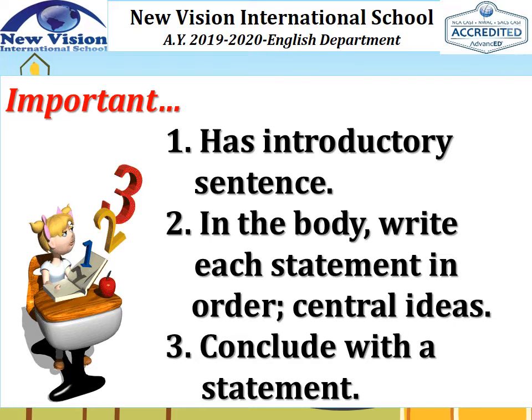And the last point is, conclude with a statement. What does it mean? Great. Your final statement or sentence would be about the message of the text, the ancient Middle East as a whole, as general. Got them? Great.